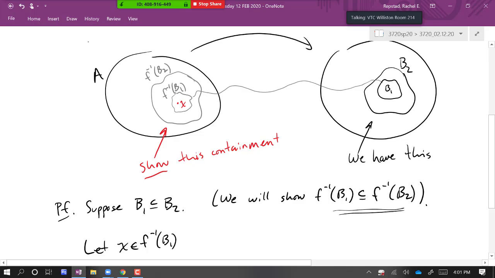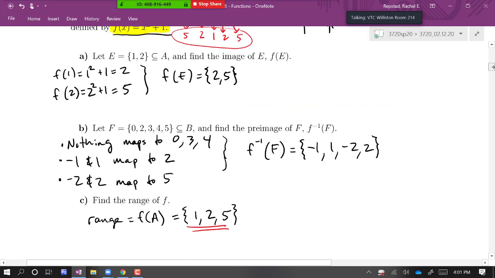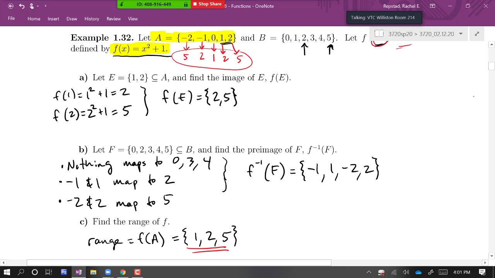So I'm going to go back and look at this definition and an example we did. Here in part B of this example, our set A was the integers from -2 to 2, B was the set of integers from 0 to 5, and our function was x squared plus 1.